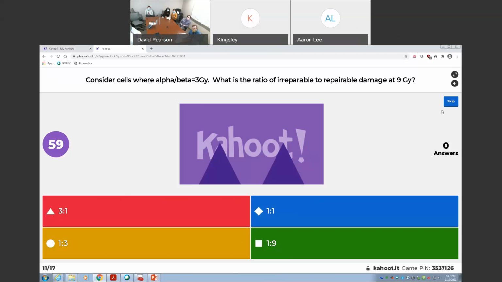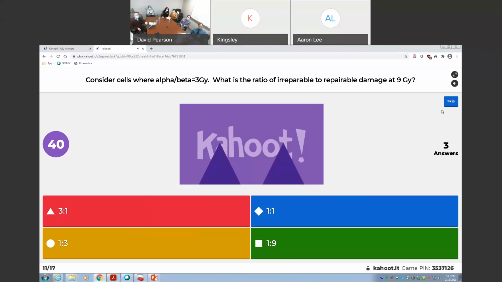So if you took notes, you'll remember. The alpha beta ratio equals 3 gray. Irreparable and repairable damage, if you remember the equations.